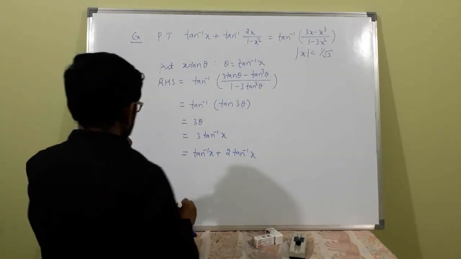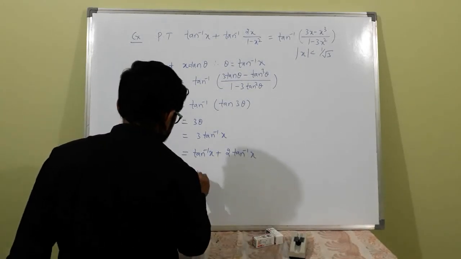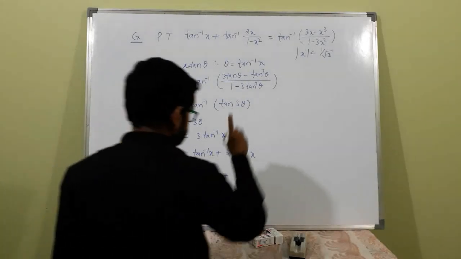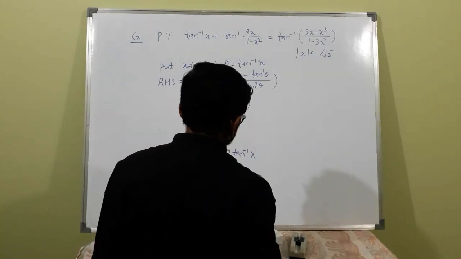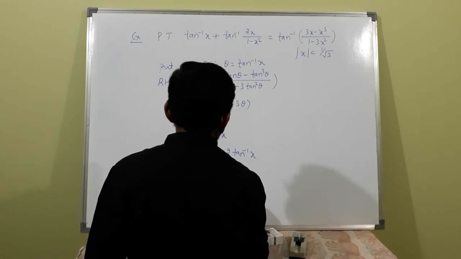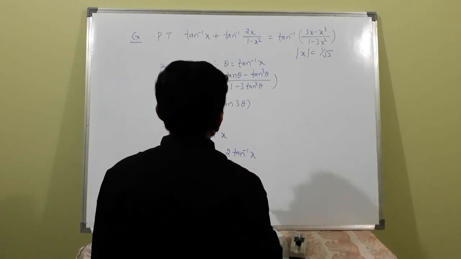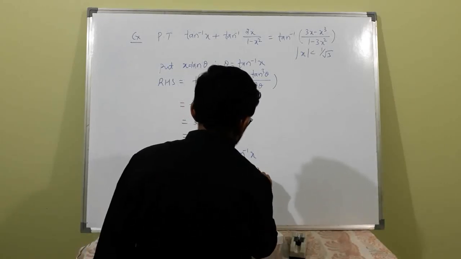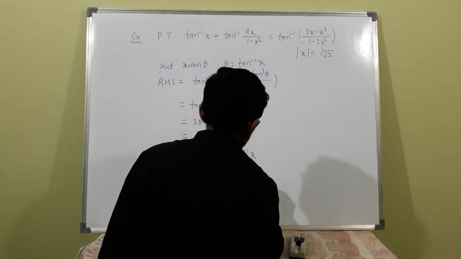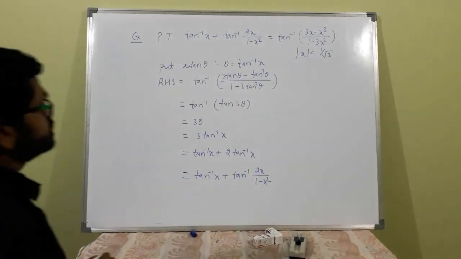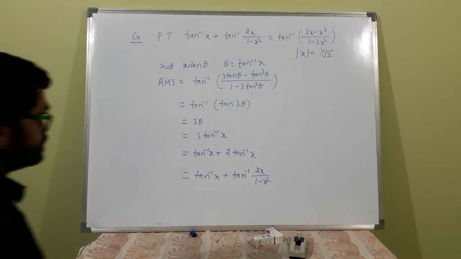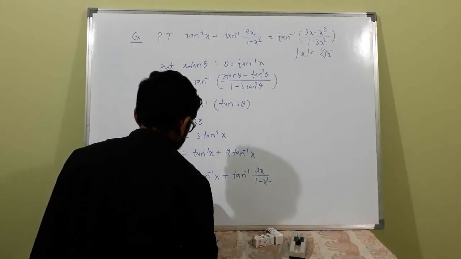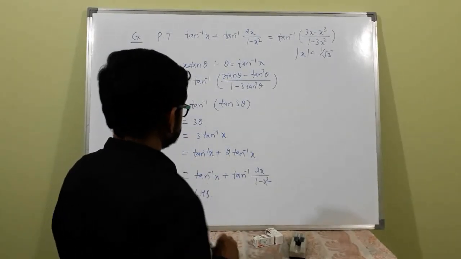So 2 tan inverse x is, using tan inverse x plus tan inverse y is tan inverse of (x plus y) divided by (1 minus xy), x plus x, 2x divided by 1 minus x squared, since x into x is x square. So this is the required LHS. Okay.